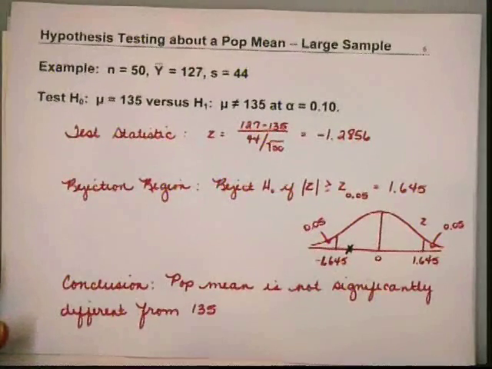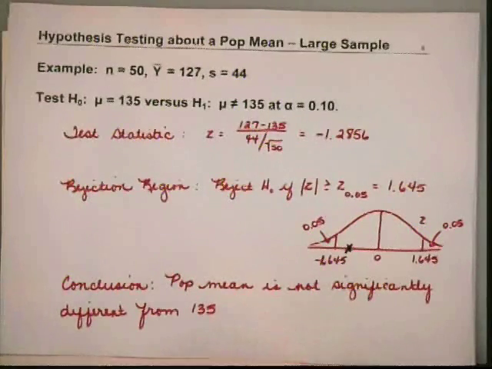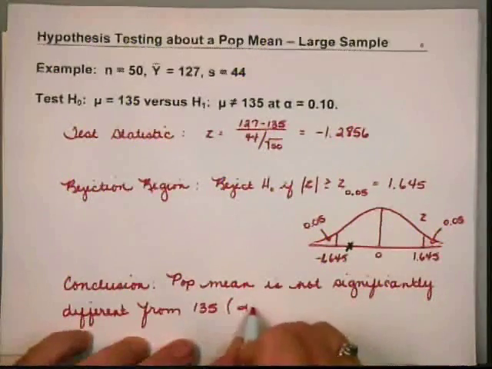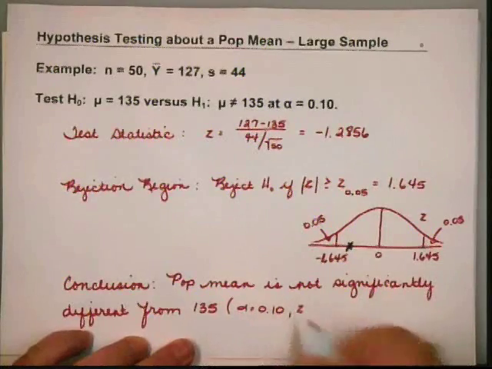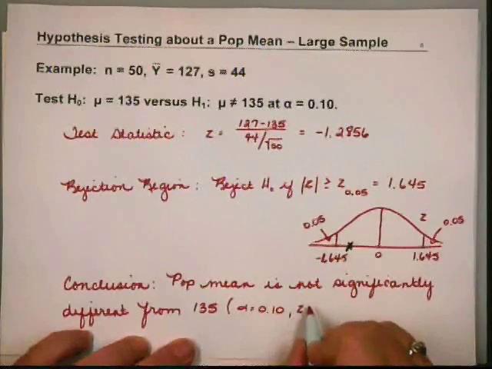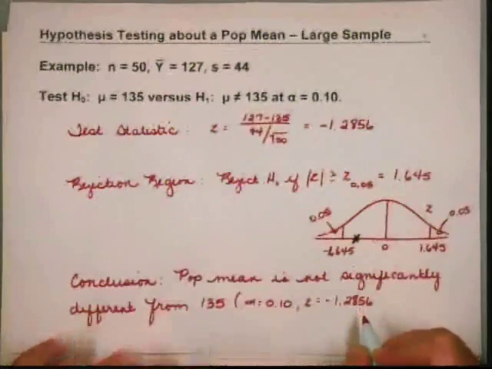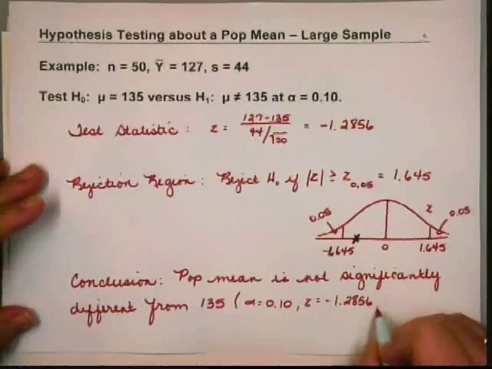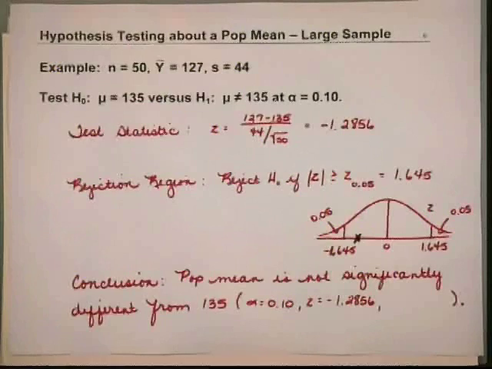There was no context. All right, so this is about the best we can do here. Just population mean, and is it different or not different? Also then in parentheses, cite the value of alpha you use for your test. Then also cite what you computed: z equals negative 1.2856. All right, we'll add one more piece of information to that conclusion. Put a comma, and I'm going to leave a blank here. We'll come back and fill in one more piece of information. Okay?